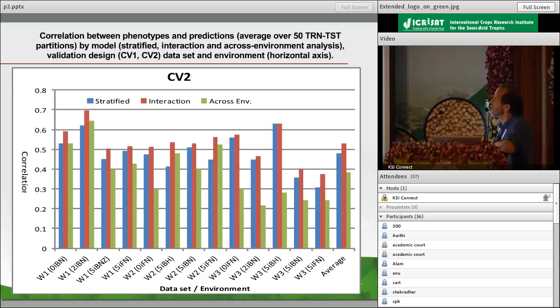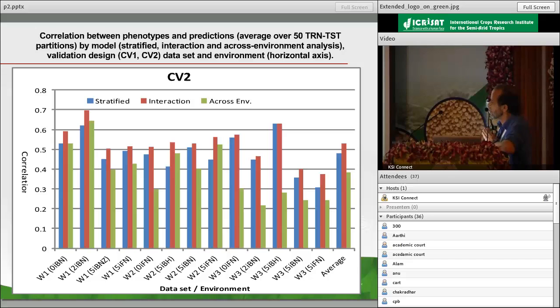Here we see that the interaction model gains accuracy on the predictions as compared with the single environment model and the cross-environment model. The cross-environment model is when you take the mean across all the environments, right? And this has been consistent across all three data sets and for each of the environments.